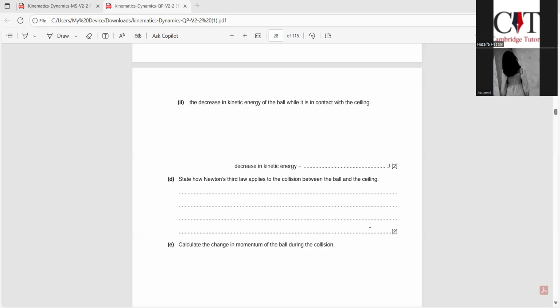So now read part E. Calculate the change in momentum of the ball during the collision. Okay, so the mass we have is 0.056 into velocity, which is 3.8, final minus initial.